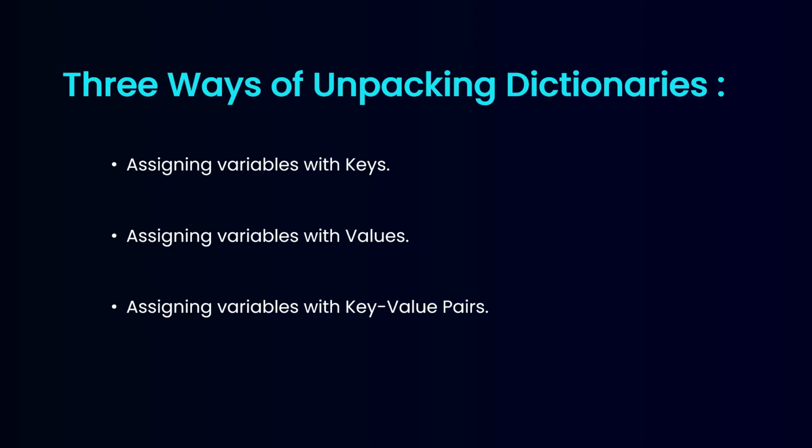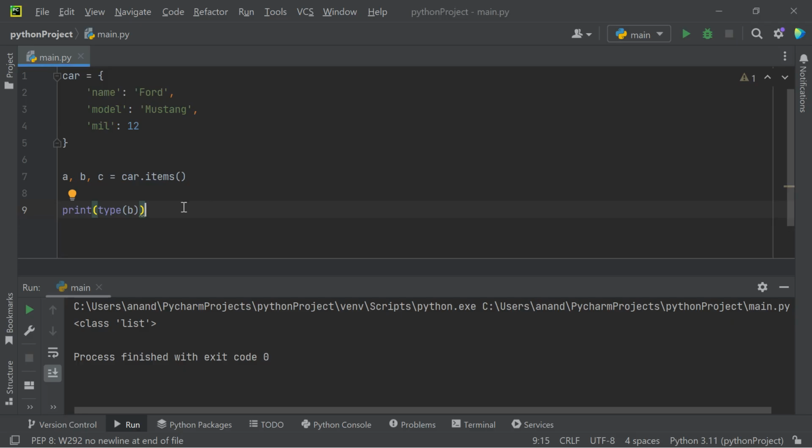So these were the three ways where you can assign variables with keys, with values, and with the whole key value pair, that is in the form of a tuple, which is immutable. Also, the same thing you can do, like you can just write star b, and it will represent that the first tuple is this, and after the first one, everything that we have is in b, which we use to write as others.